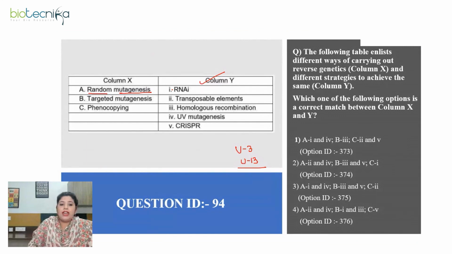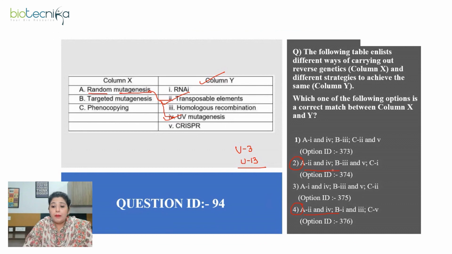For that, we all know transposable elements generate random mutations, and even chemical agents or physical agents like UV rays can be used. So A matches with 2 and 4. In the options, we have to see where such a combination is given. If we see options 2 and 4, such a combination is given: A2 and 4, A2 and 4.